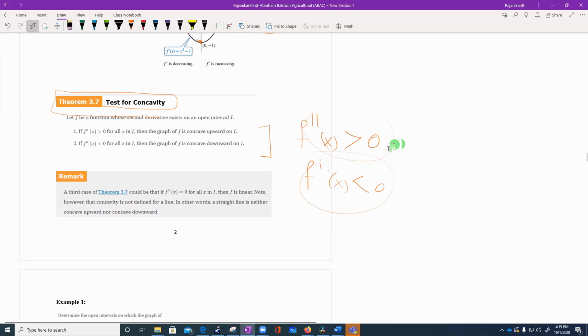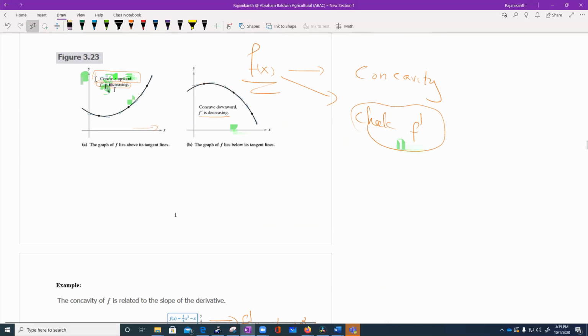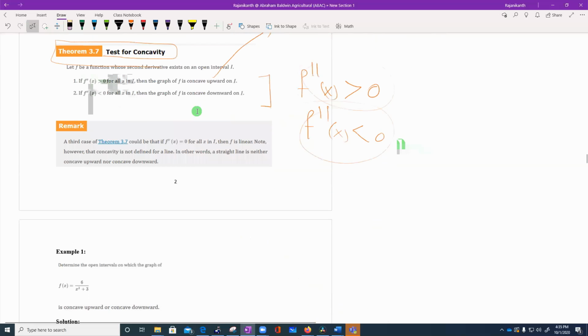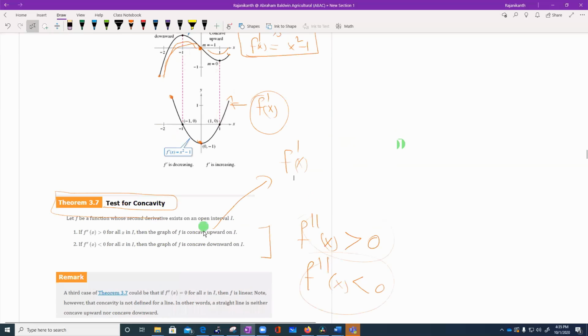Why do we need a second derivative? Remember, for concave up, our first derivative function f prime x should be increasing, okay? So for the concave upward trend, the first derivative should be increasing, right? You could think of the first derivative of f as your new function g(x).